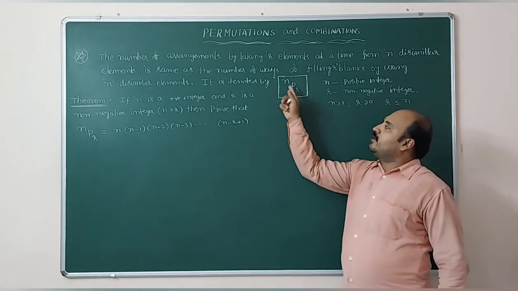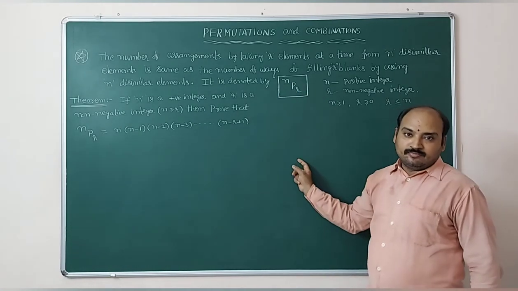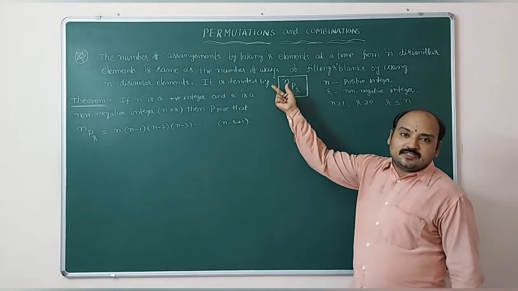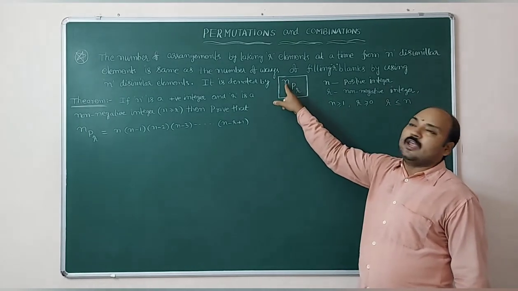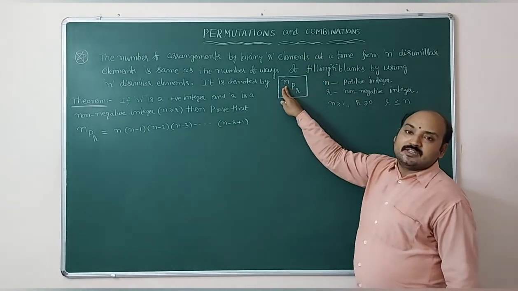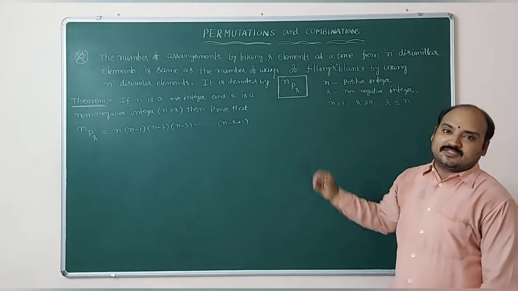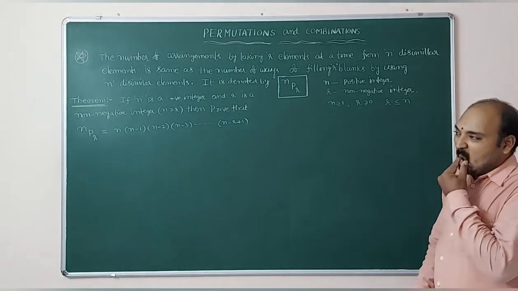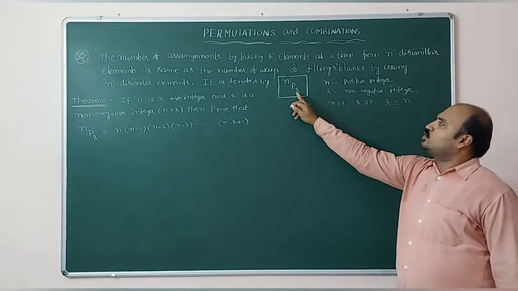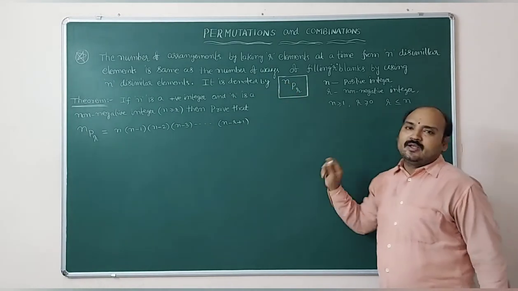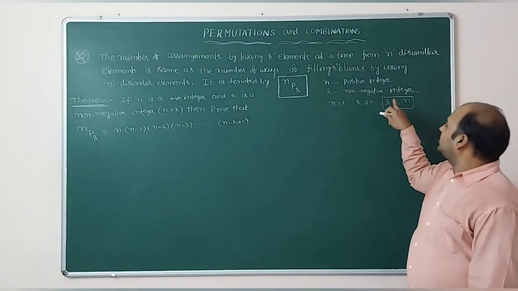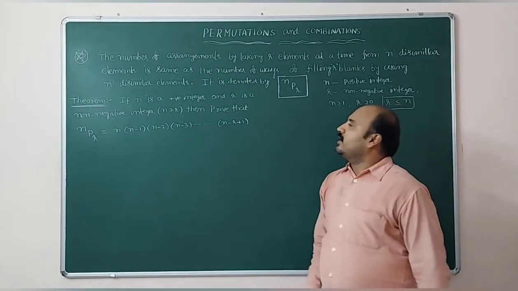It is read as nPr: out of n things we are permuting r things at a time in nPr ways. One more important thing: r should always be less than or equal to n. Then only the condition will be applicable. Otherwise, nPr cannot be defined.